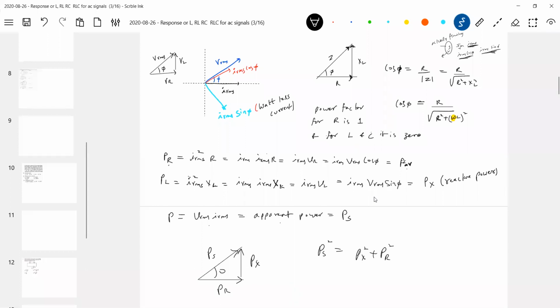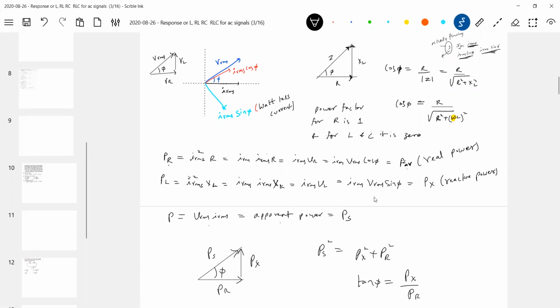So now what is tan phi? Tan phi, you can also write it as PX by PR, reactive power by the real power. This is called average power. I think the words themselves say it: real, reactive, then apparent power.